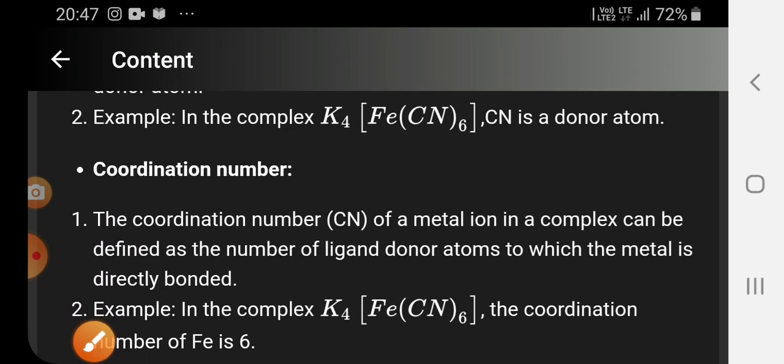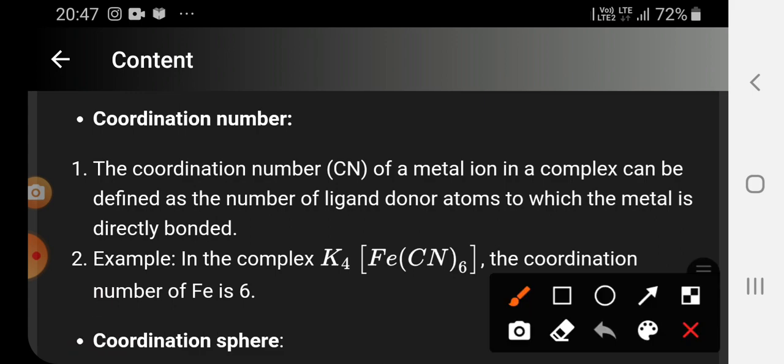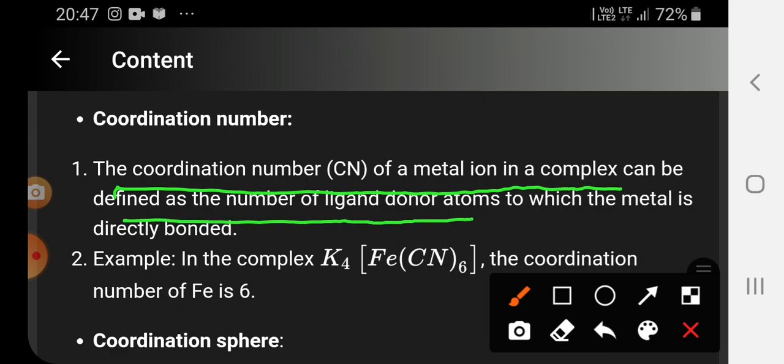Now the next topic, coordination number. Coordination number simply means the number of donor sites of a molecule or molecular ion around the central metal atom or ion. The coordination number of a metal ion in a complex can be defined as the number of ligand donor atoms to which the metal is directly bonded through ligand-metal coordinate bonding.